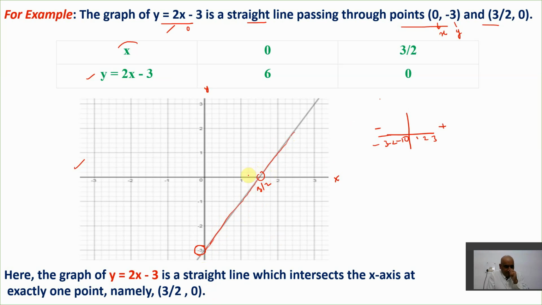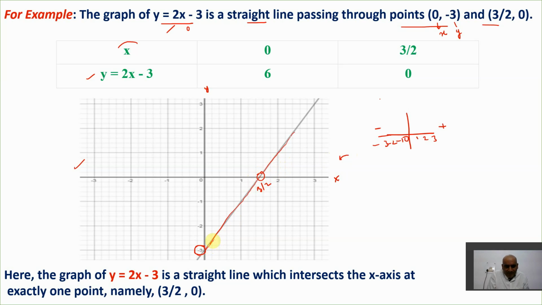Understand one thing. Why does the linear polynomial have degree 1? Always understand here, you need to check on the x-axis how many points are touching the x-axis.